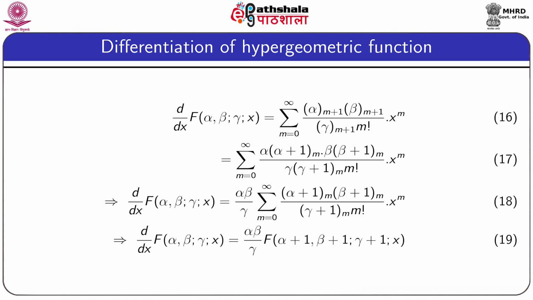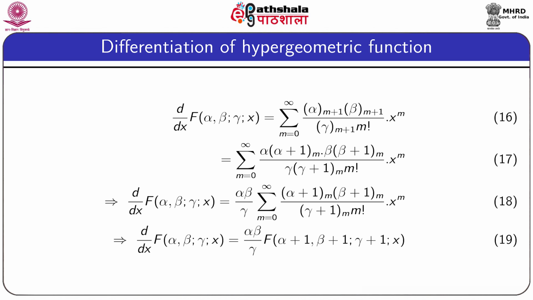We take alpha, beta, gamma outside the summation notation, and we will get d/dx of f alpha, beta, gamma x is equal to alpha beta by gamma summation m equal to 0 to infinity alpha plus 1 m beta plus 1 m divided by gamma plus 1 m into m factorial x to the power m.